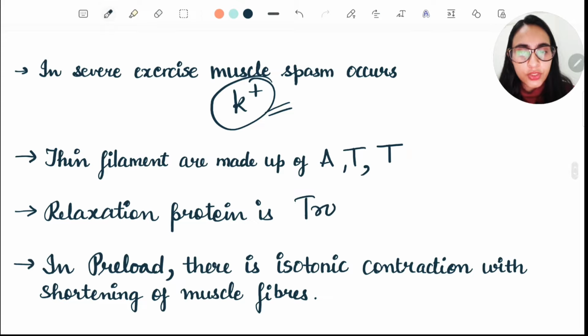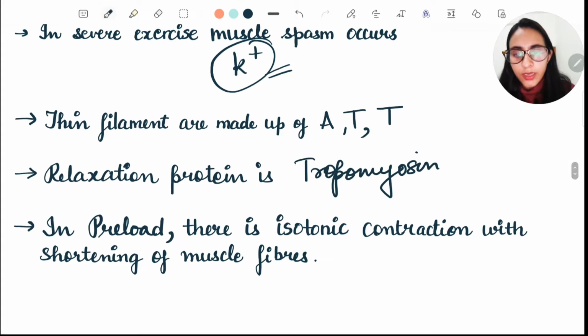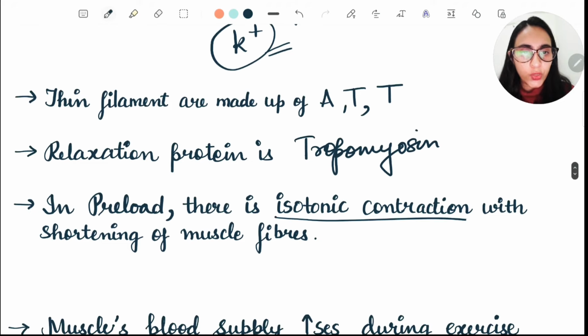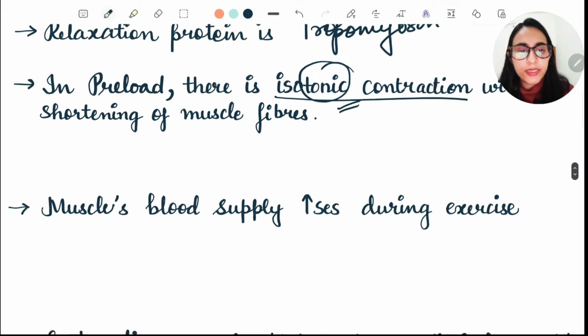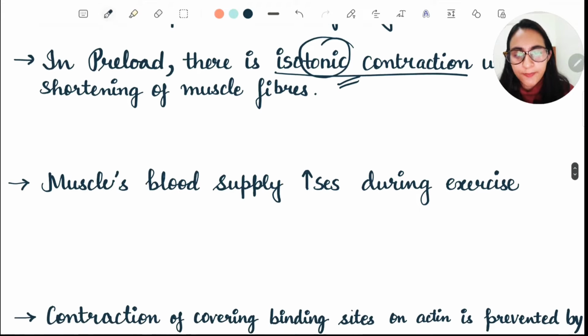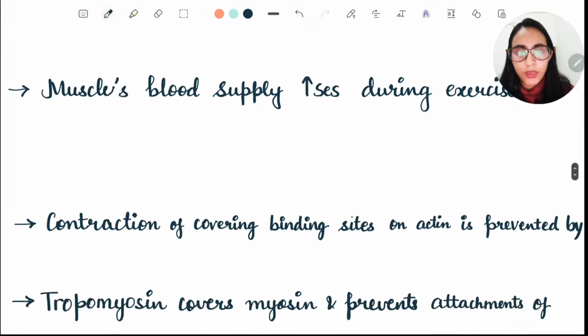Relaxation protein is tropomyosin. In preload, there is isotonic contraction with a shortening of the muscle fiber and the tension remains same. The muscle blood supply increases during the exercise due to accumulation of active metabolites.